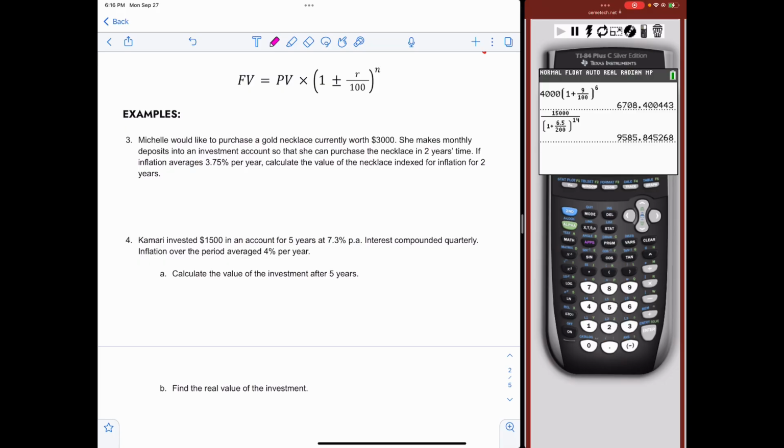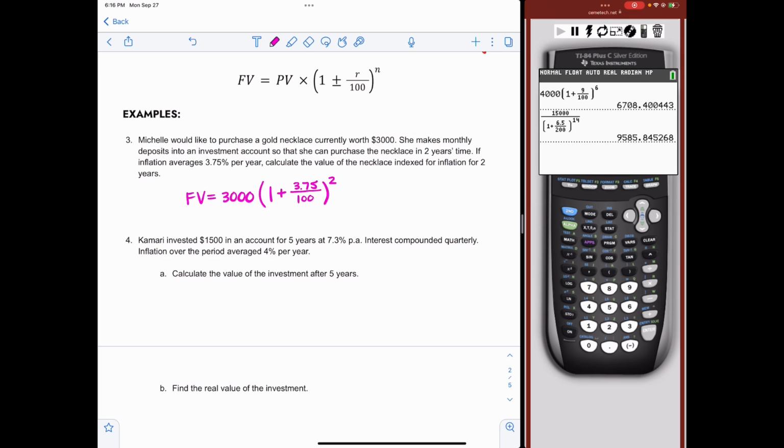So we can say that our final value is going to be equal to the present value of the gold necklace, which is $3,000, times 1 plus, because the value is going up because it says it's going to be indexed for inflation. Then we have 3.75 divided by 100 to the power of n, which is 2 years.